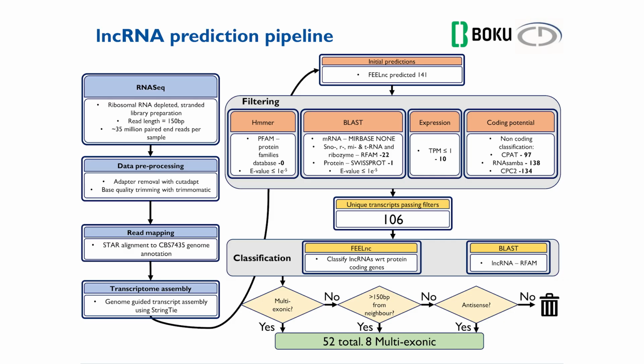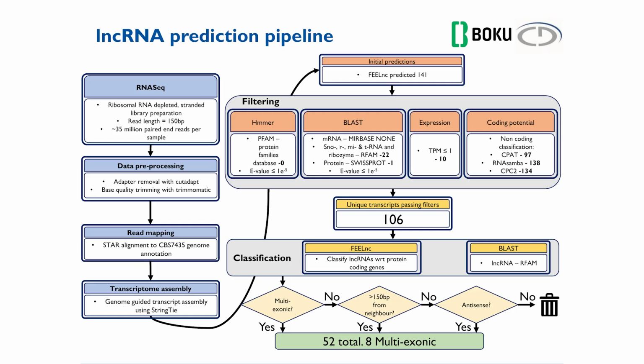I implemented a couple of different filtering steps, which look at those transcripts and see whether they have been reported in different RNA databases previously, whether the translated versions of those transcripts contain any potential protein domains, removing those transcripts that are not reasonably expressed in all samples, as well as using a couple of different coding potential tools. We're then left with 106 different unique long non-coding RNAs that pass these filters.